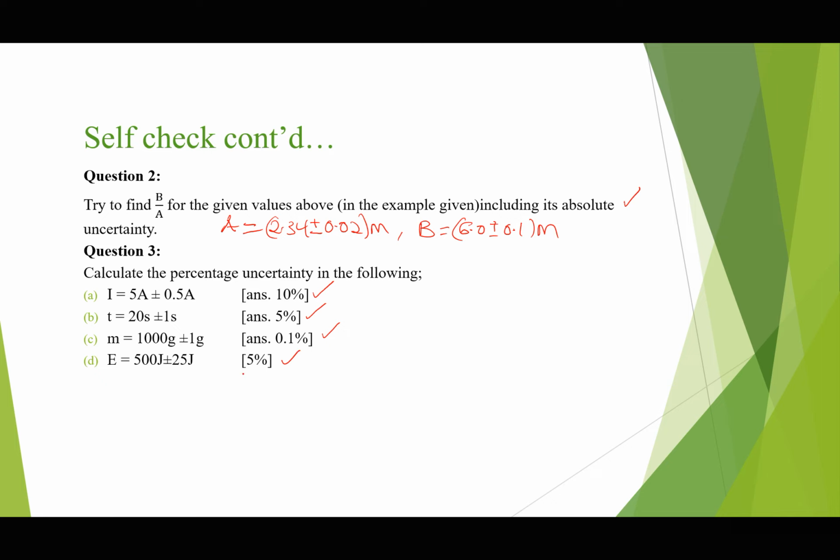So these are the expected answers. Your task is to check if these are correct by writing the correct method and pressing the calculator to verify if those answers are correct. So that is your self-check that you should attempt and submit.